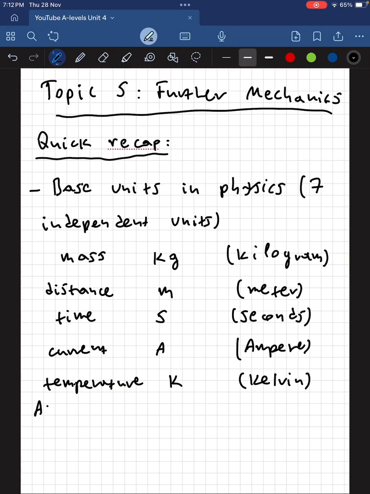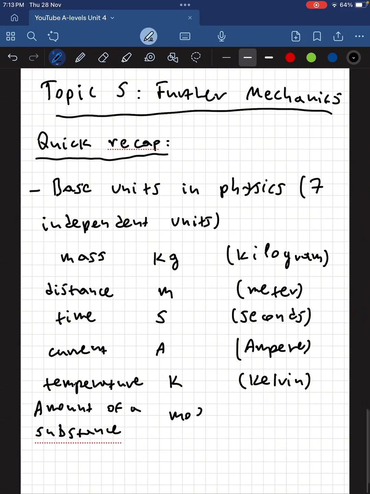The next one is amount of a substance. We will actually need this when we talk about nuclear physics, but amount of a substance is mostly used in chemistry. It is measured in moles.